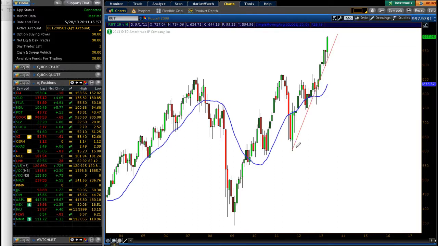Again, here's what I'm doing. I'm taking that low, and I'm trying to connect as many of these lows as possible, with the exception of this one here. This angle is very similar to what we've seen before in these upward sloping legs for the Russell 2000.